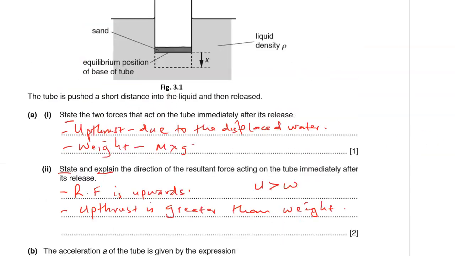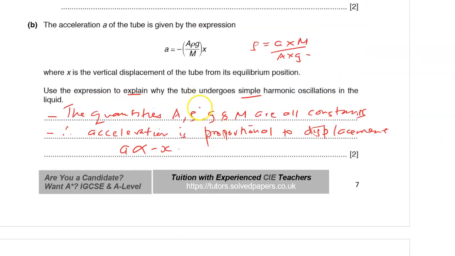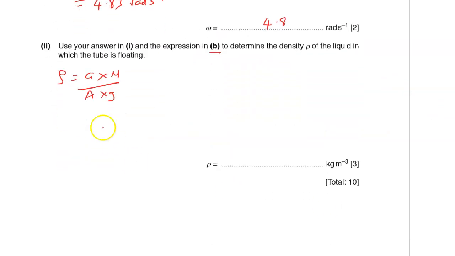It's times x, this x here. So it's cross-sectional area times g times x.